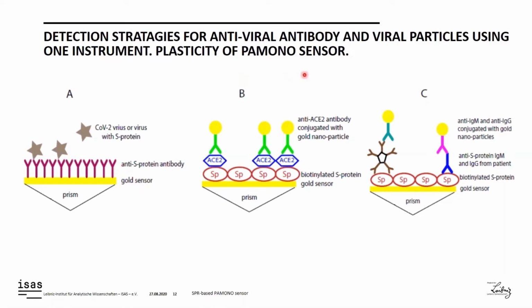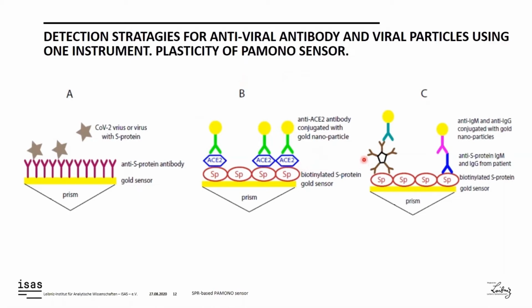In the case of functionalization of the gold sensor surface with spike protein, synthetic spike protein, we will be able to detect immunoglobulins or molecules which bind to spike protein.